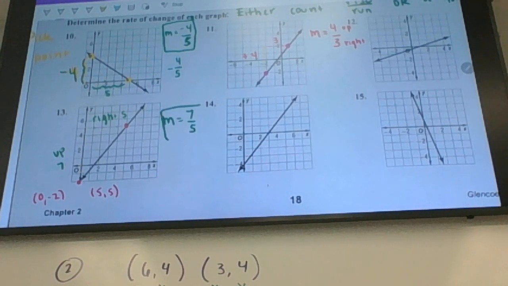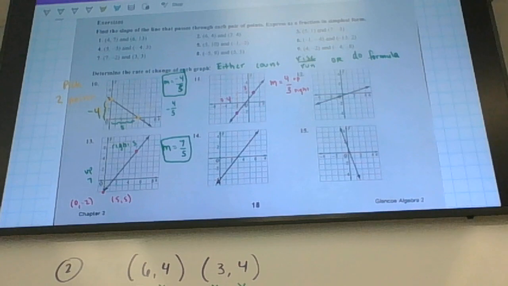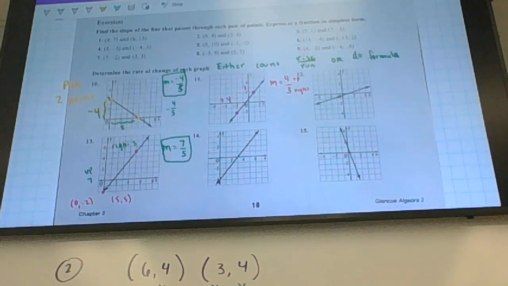Wait, so do you have to simplify it? Yeah, I totally agree with you on that. Correct. Where are you getting negative at? Do you want us to simplify the fractions?